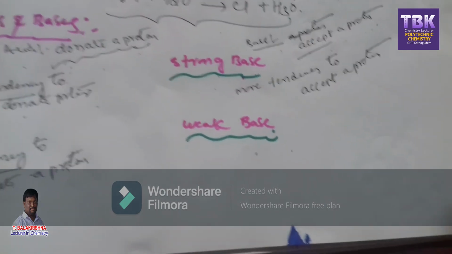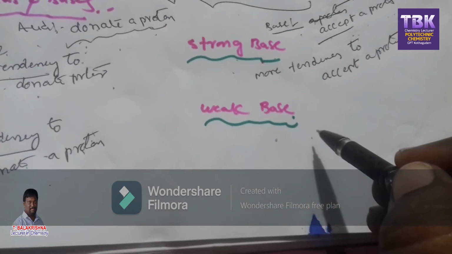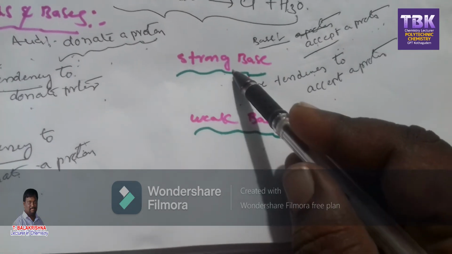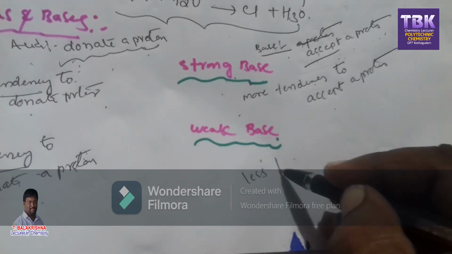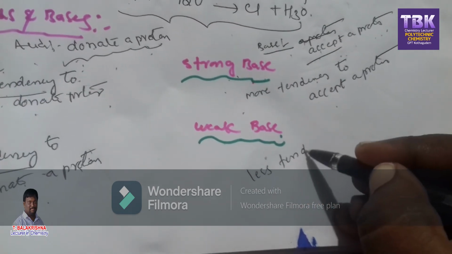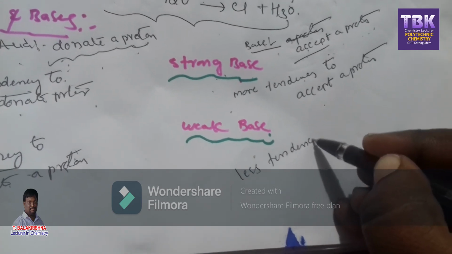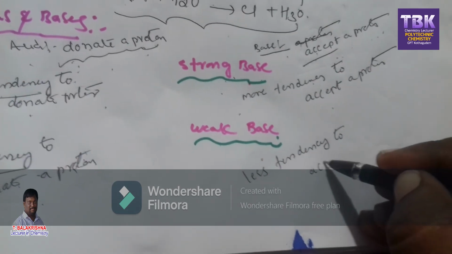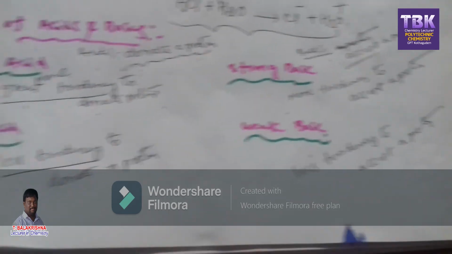Is it clear? What is the definition of weak base? Depending upon acceptance, more tendency of acceptance is called strong base. The weak base has less tendency to accept a proton. Is it clear?